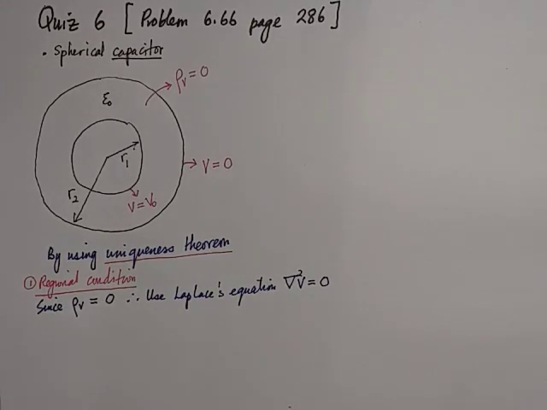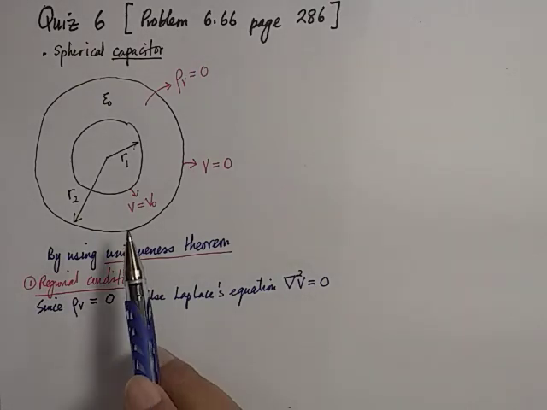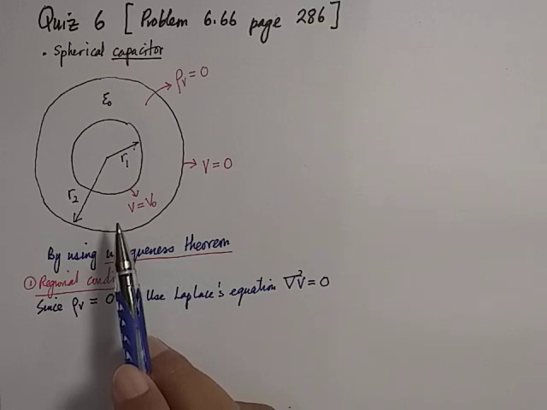So now how do we solve this Laplace equation? We have to refer to the table, and from the table we need to choose the appropriate equation based on the chosen coordinate system. In this problem the coordinate system to be adopted here is spherical.